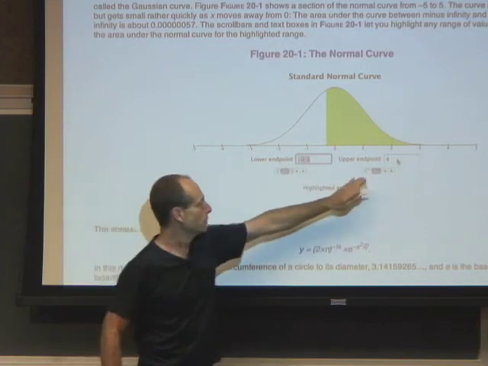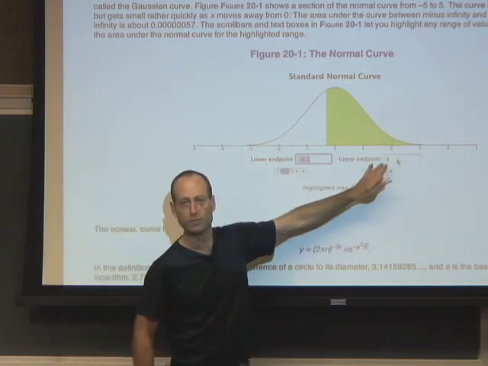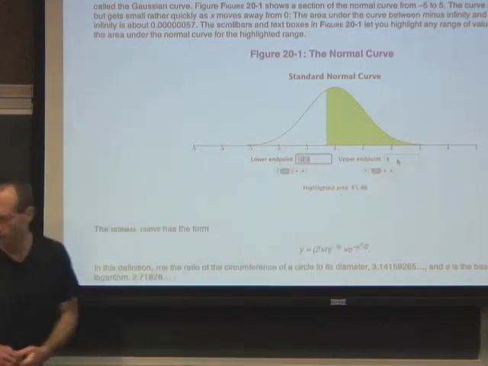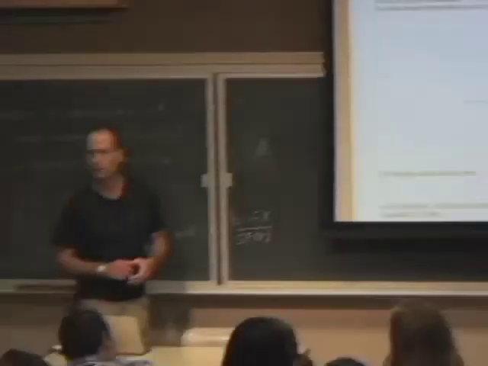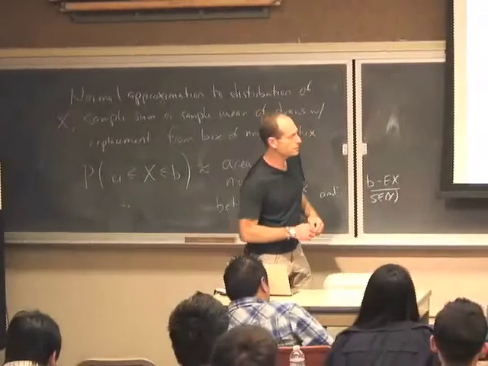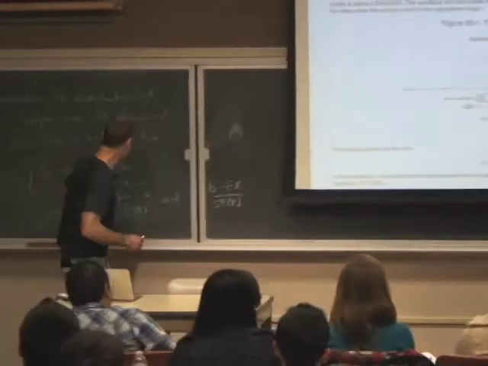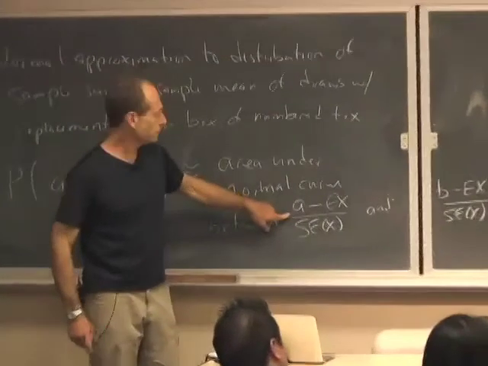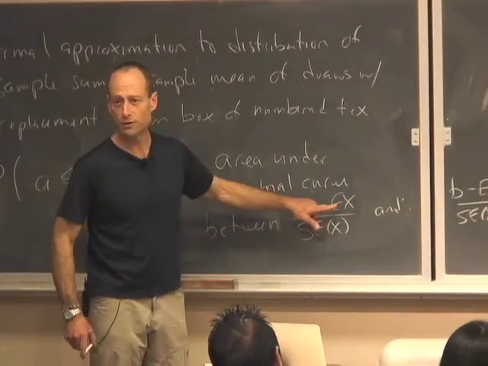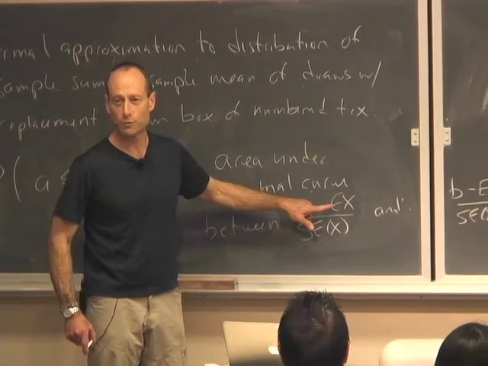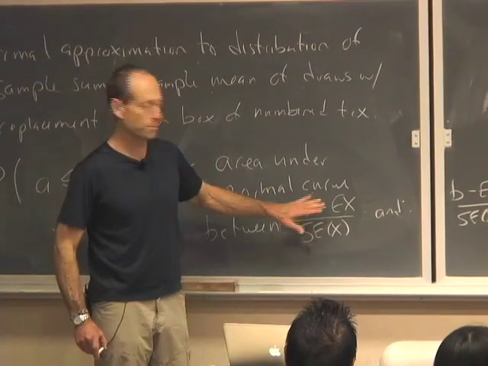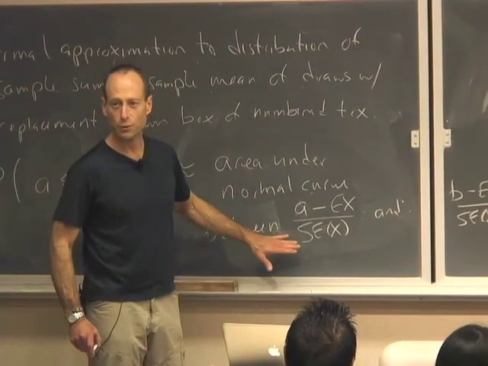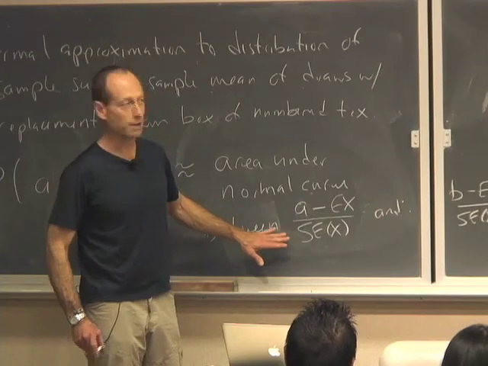Okay, and this is 4 standard errors above the expected value. Okay. In the special case that x is the sum of n draws at random with replacement from a box of numbered tickets, right? Because the expected value of that is n times the average of the box, and the standard error is the root n times the standard deviation of the box.